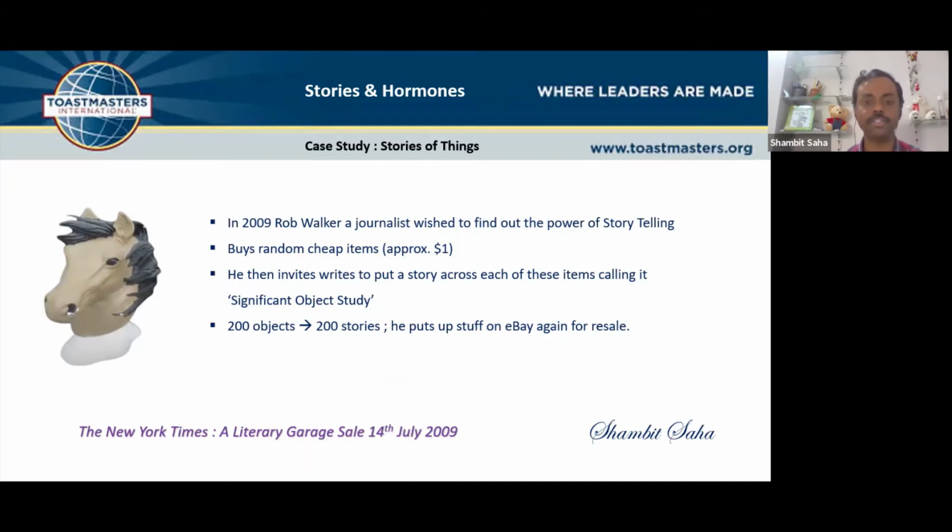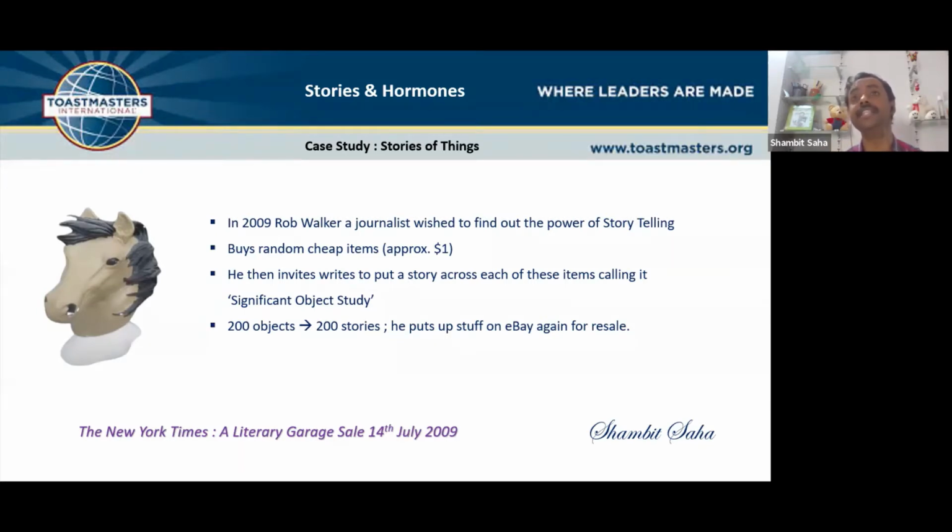He made a very conscious call not to exceed $1.50. Then he invited all the friends he knew, professional writers, and asked all of them to write a story for each of these items. And guess what? He found 200 different writers to write 200 different stories for each of these objects.